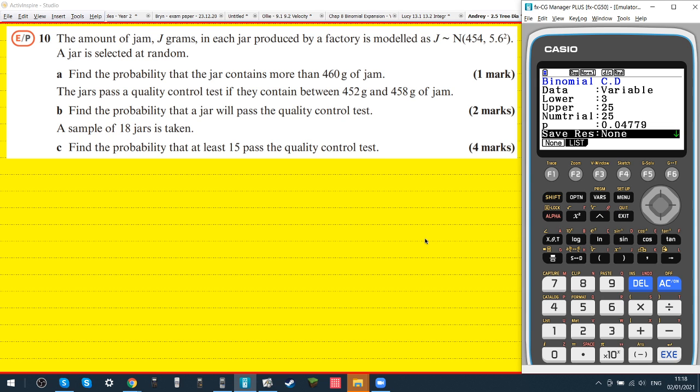Okay, so am I doing binomial again? Let's see. First one isn't binomially distributed. Okay, so it's got that n.